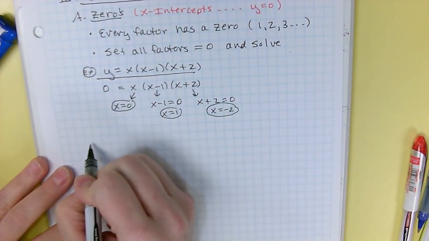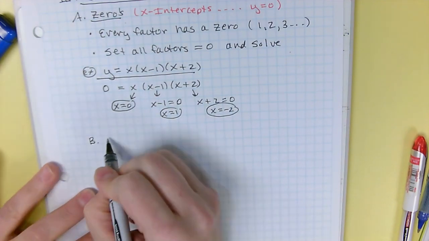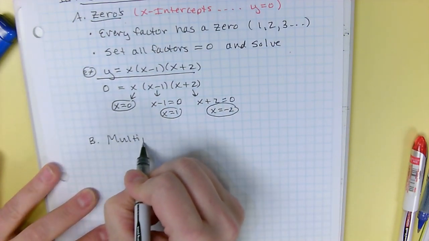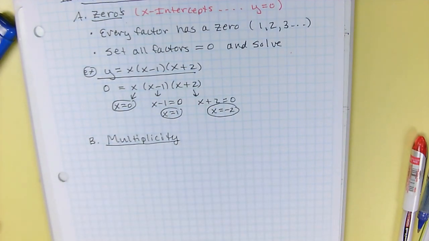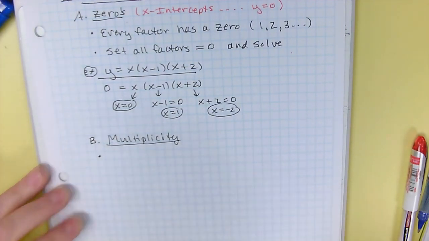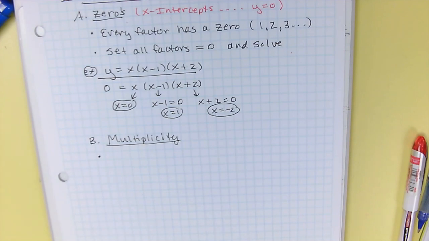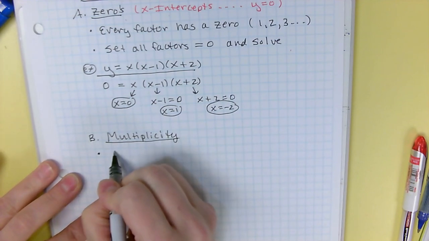Okay, that's zeros. Okay, B, we're going to do multiplicity. Multiplicity refers to how many times the same factor appears. So identical factors, how many times? And there you can break them into odd and even.